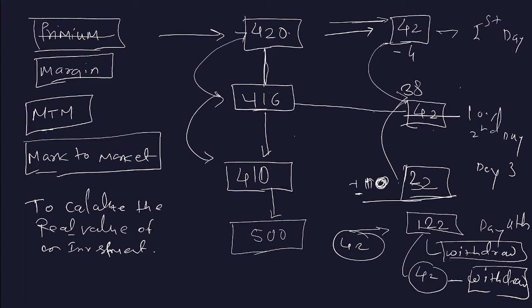Okay, sir. Any doubt, guys? Is it a boring session? Because derivatives are a little bit tricky. Yeah, sir, when price goes down or goes up, then margin or premium will change.